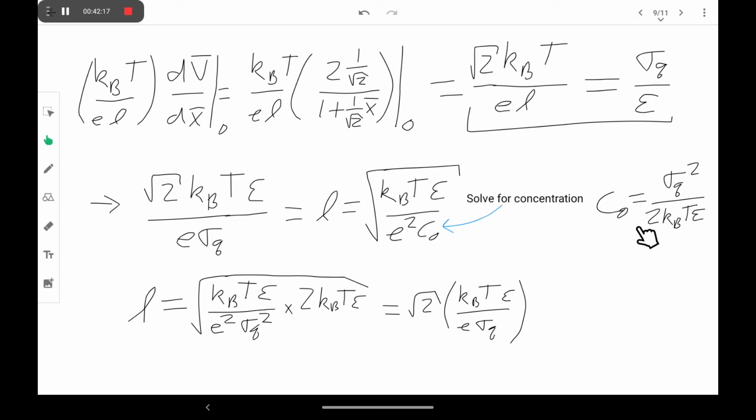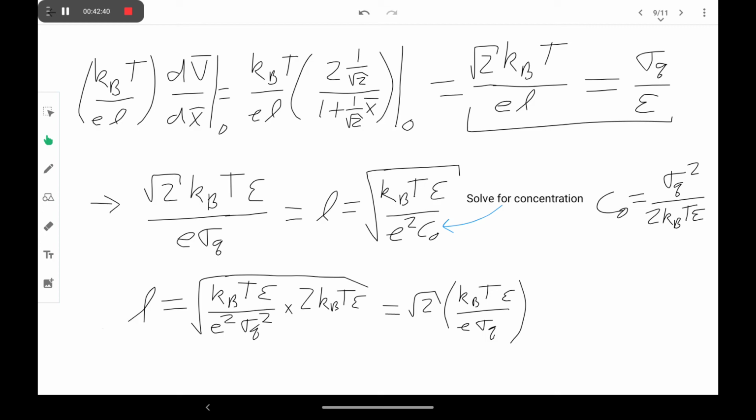When you're done, you're left with all this. Okay? Sorry about that. So we know C0 is equal to the surface charge density squared over twice the thermal energy times this epsilon constant. So that is now our value, and that's what we needed.